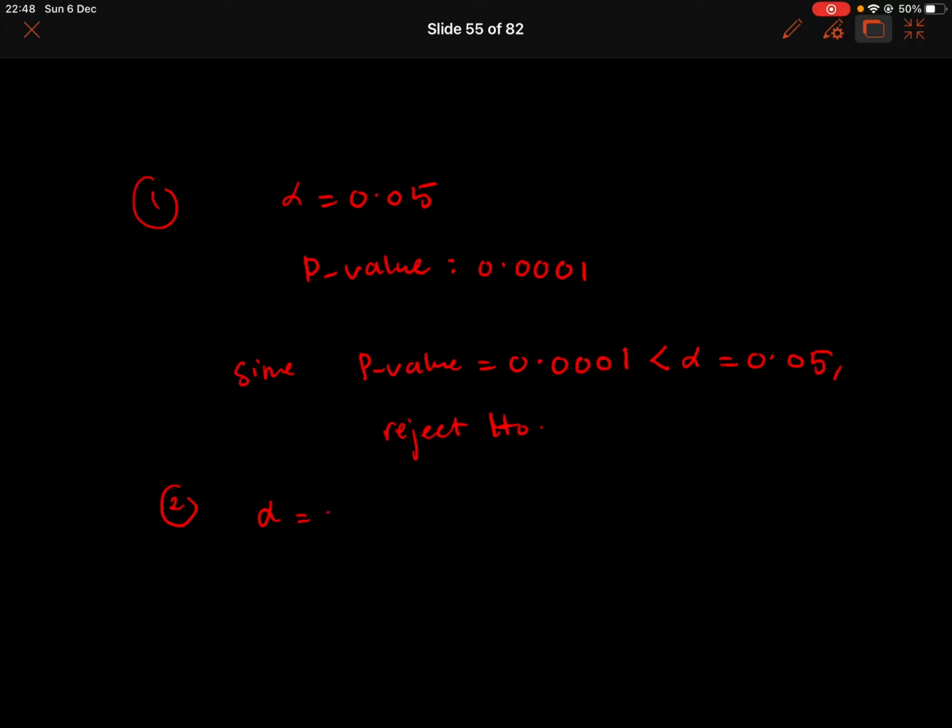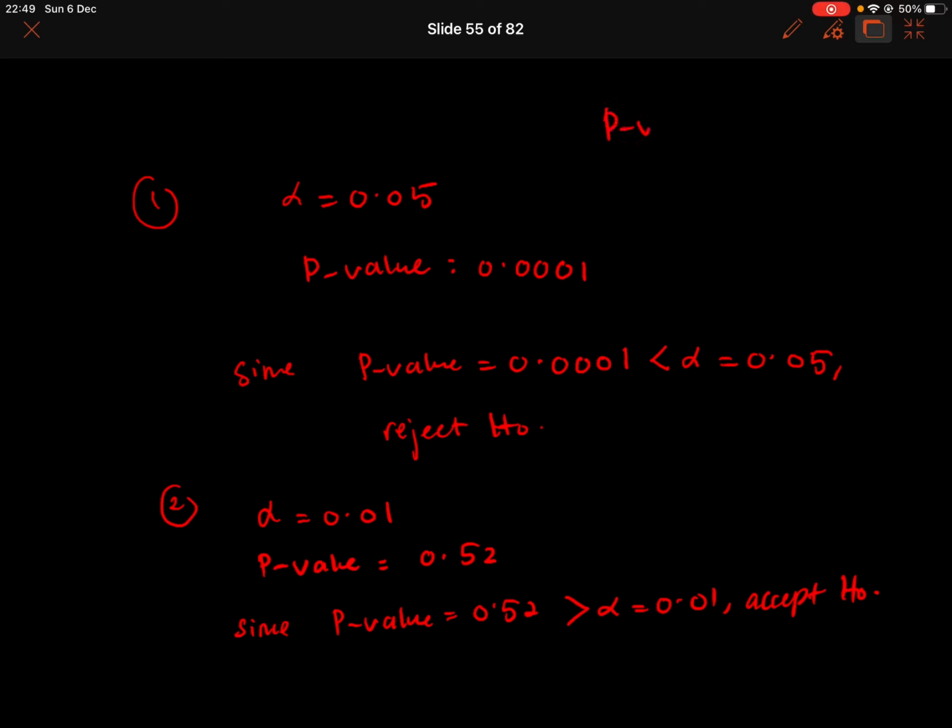If your alpha is 0.01 and the p-value given by the Excel is 0.52, you reject or you accept H null? Okay, since p-value equals to 0.52 is more than alpha 0.01, accept H null or do not reject H null. Okay, so please remember the condition. P-value less than alpha or p-value equals to alpha, reject H null.